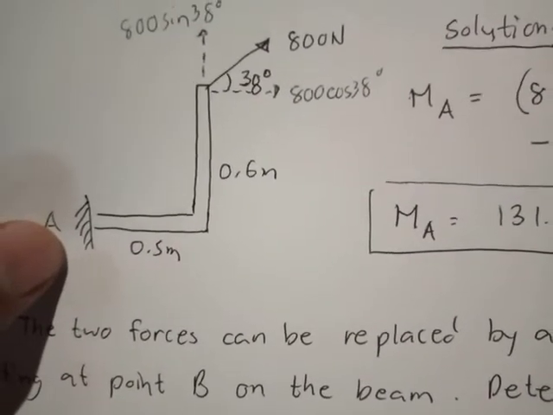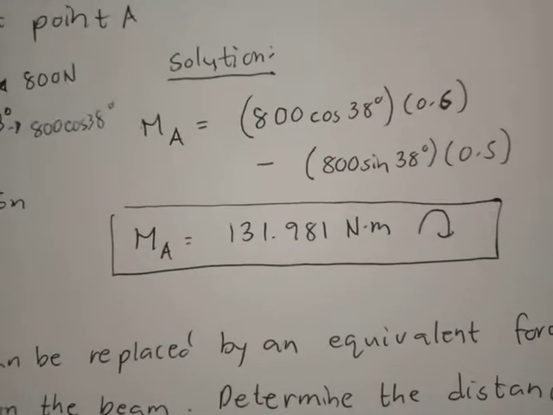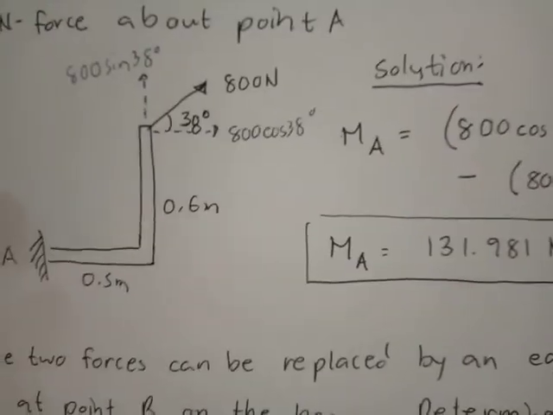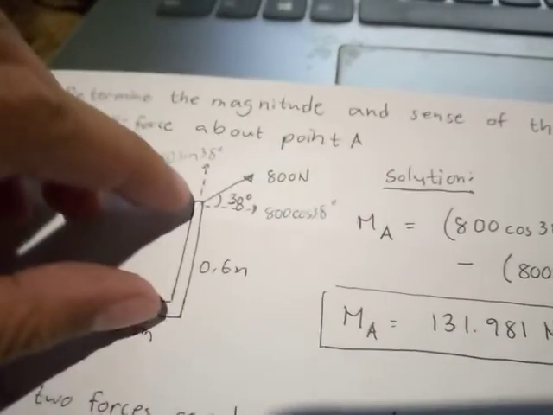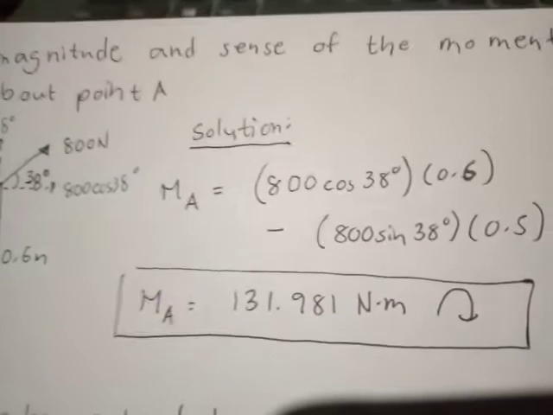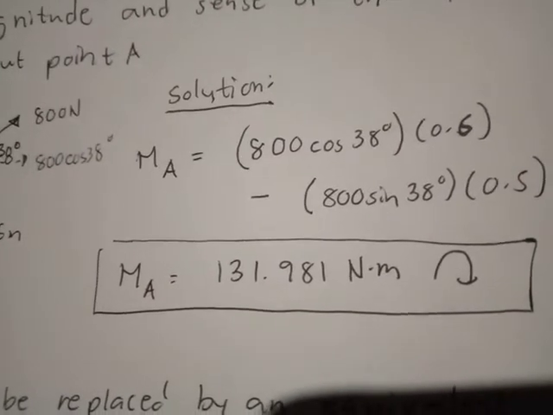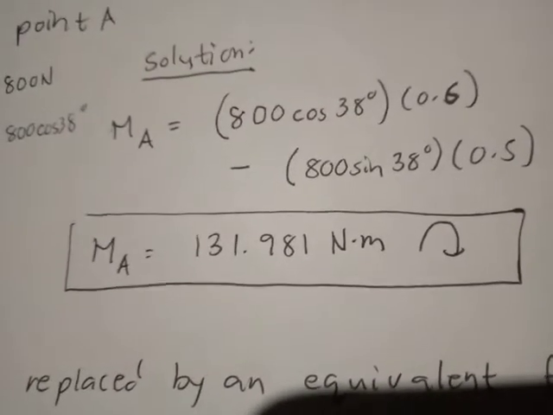Therefore M of A is 800 cosine 38 times 0.6. I make it positive, assuming clockwise is positive. Then minus, why minus?